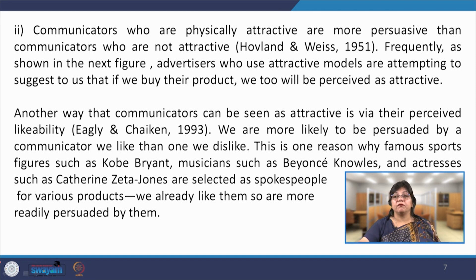That is the reason why famous sports celebrities, musicians such as Beyonce Knowles, and actresses such as Catherine Zeta-Jones are selected as spokespersons to endorse various products. Even for social initiatives by the government, Bollywood celebrities are selected to endorse them, so that people are impressed or convinced by the message given by these celebrities, and people are likely to follow those celebrities and change their attitude.